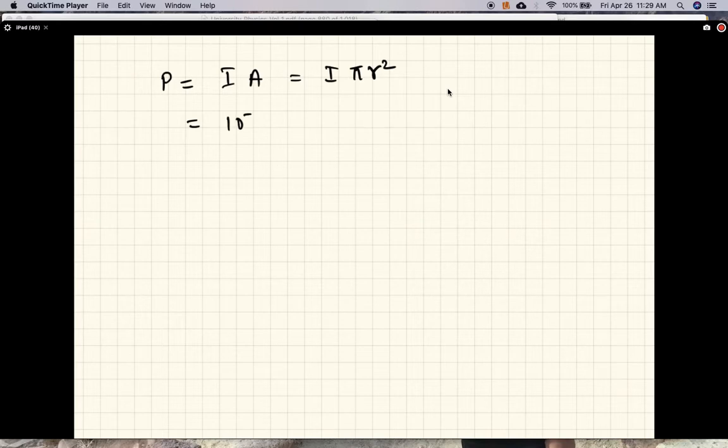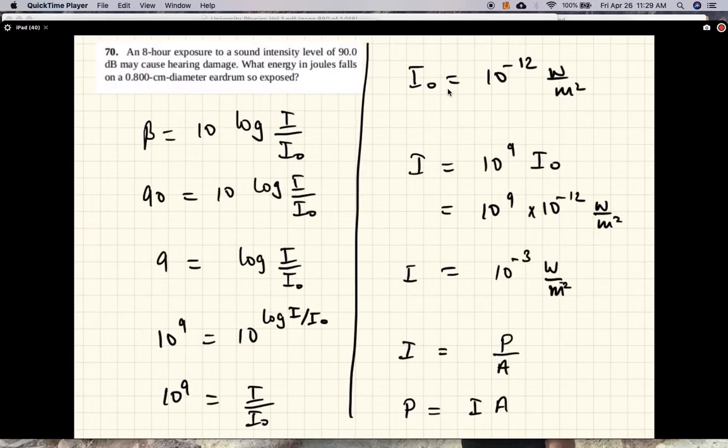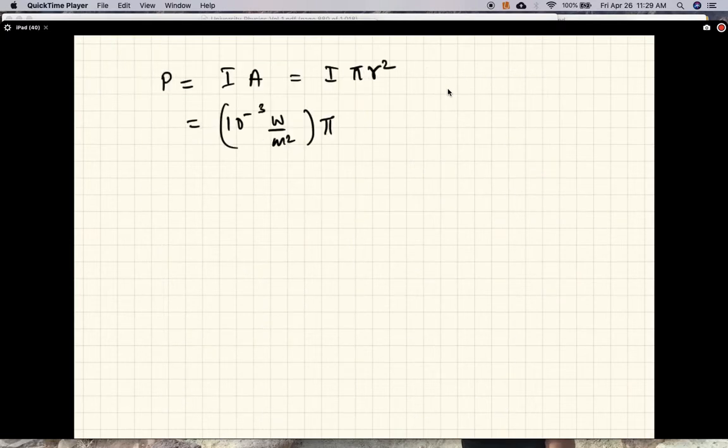So this is 10 to the minus 3 watts per meter square, times pi, and the radius is 0.4 centimeters. Each centimeter is 10 to the minus 2 meters. And this is watts.